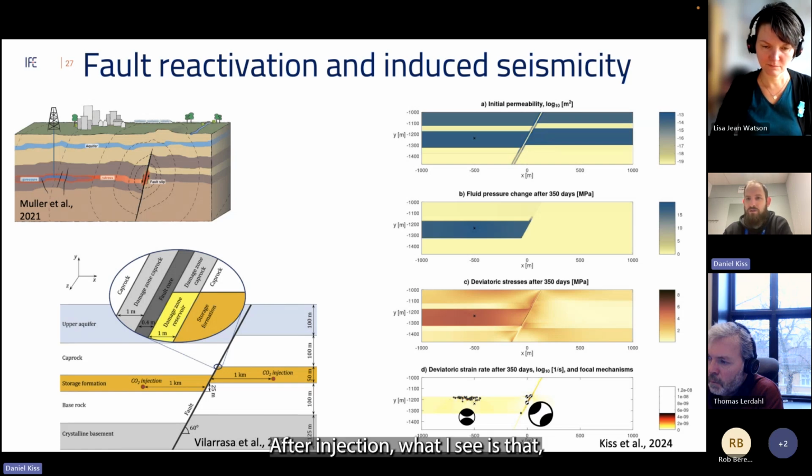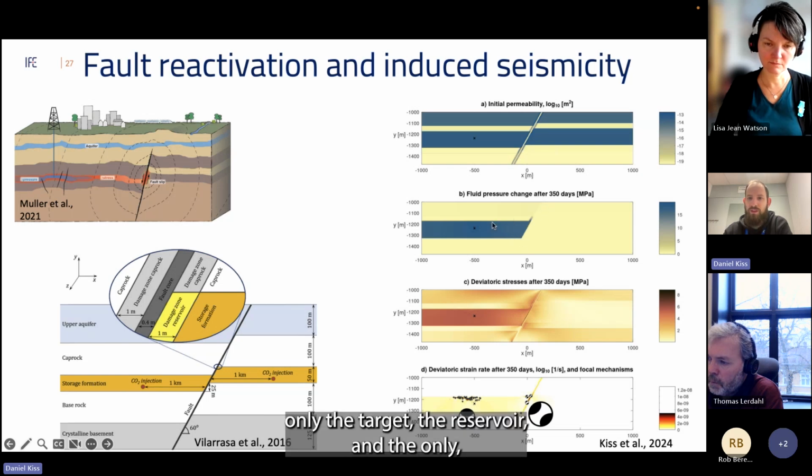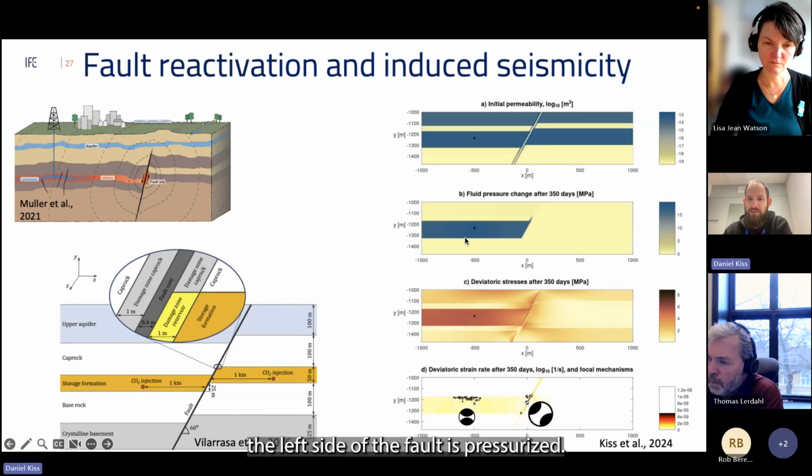After long injection, what I see is that since it is a sealing fault, only the targeted reservoir and only the left side of the fault is pressurized. And since that layer is pressurized and the other layer is not, we have differential uplift.